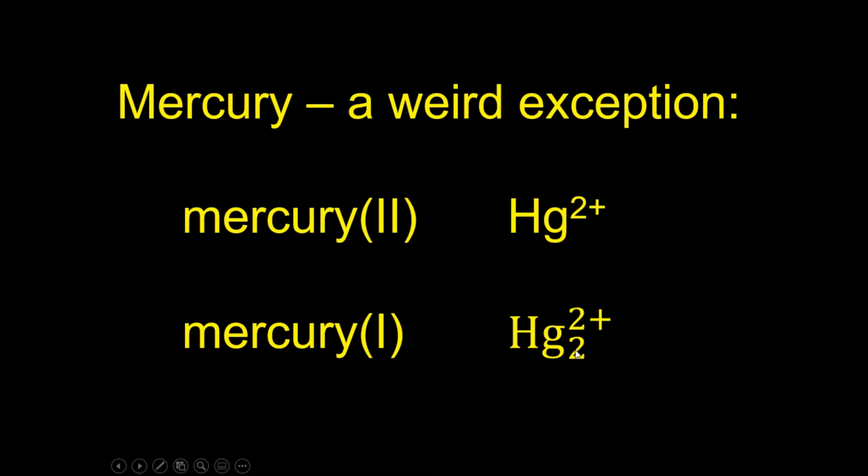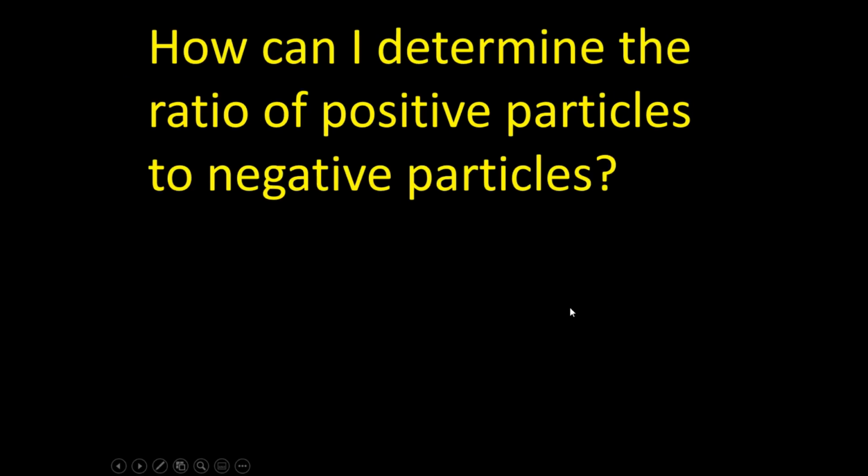It shows up as a pair of them that together have a +2 charge. So you can see that if there's +2 charge across 2 ions, they must each individually be 1 for their positive charge. But mercury 1, again, strangely does not ever show up as just Hg+1. It's always a pair of them with a +2 charge.